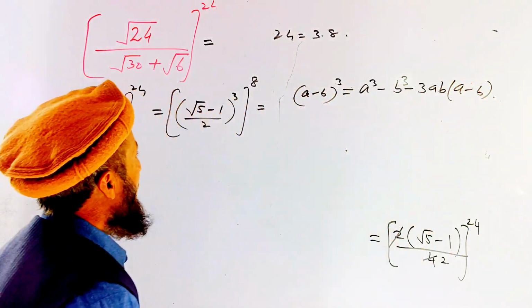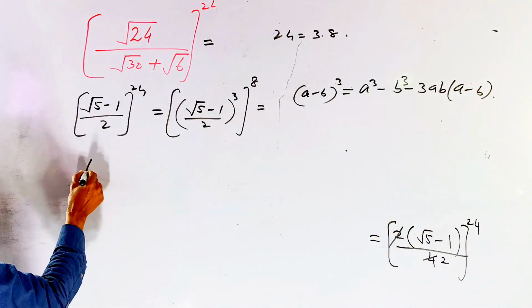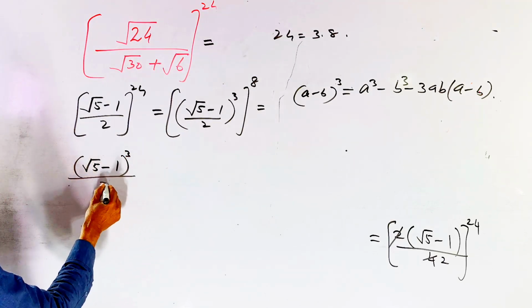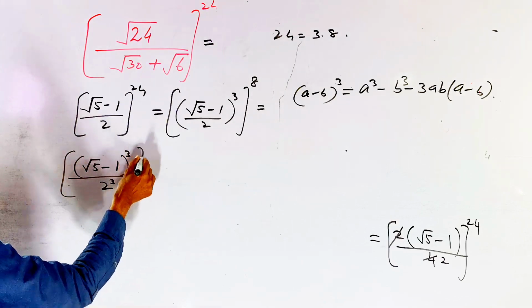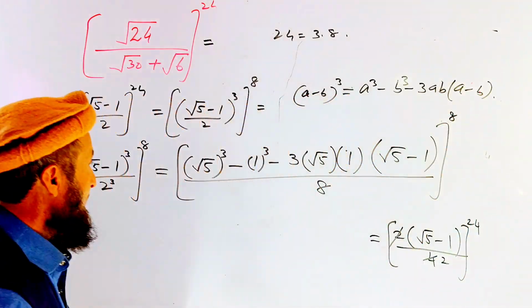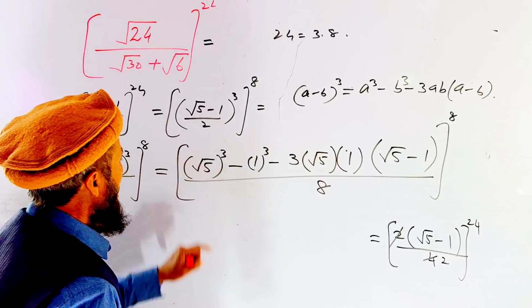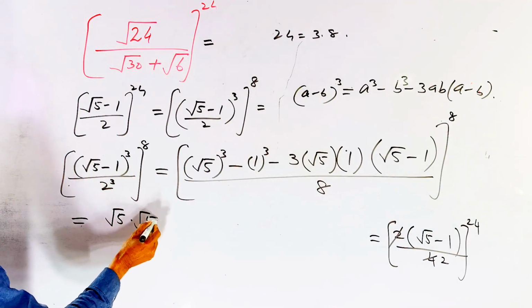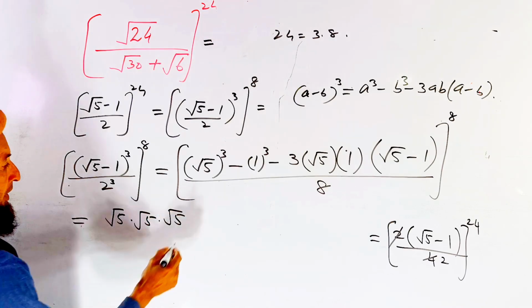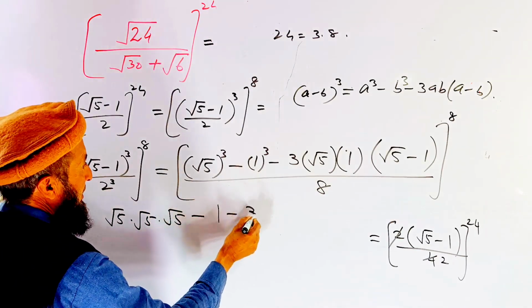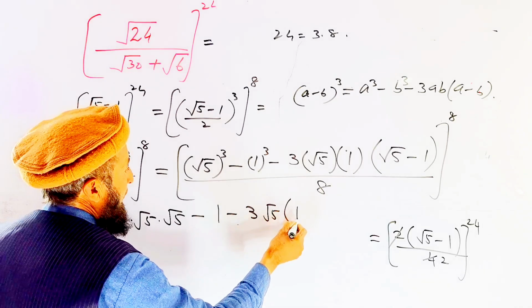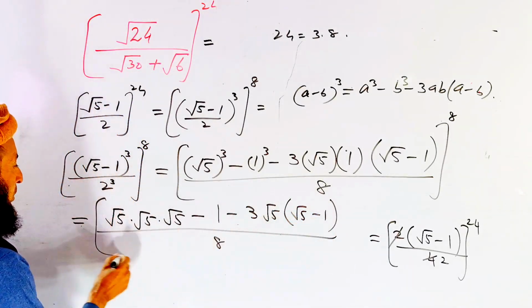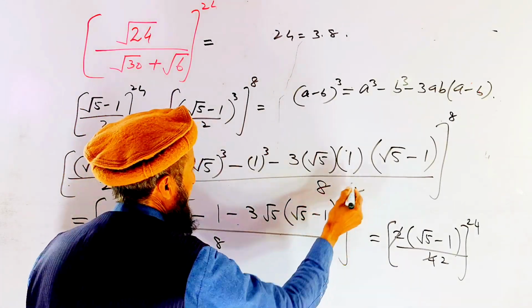Applying this, we expand the term: (√5) cubed is 5√5, and 1 cubed is 1, minus 3 times √5 times (√5 minus 1), all divided by 8, with the whole exponent 8.